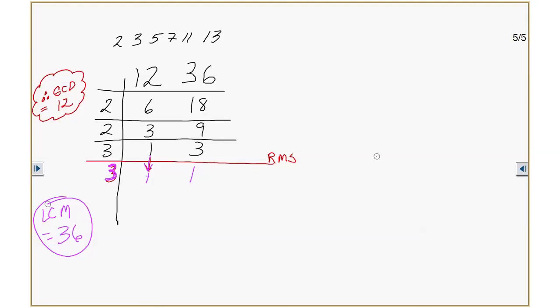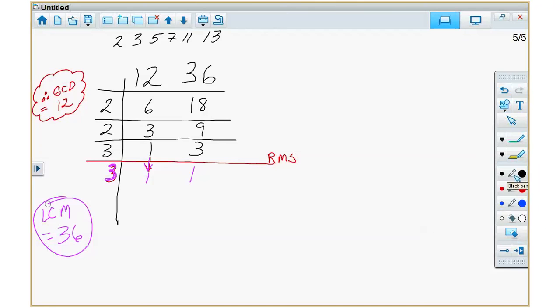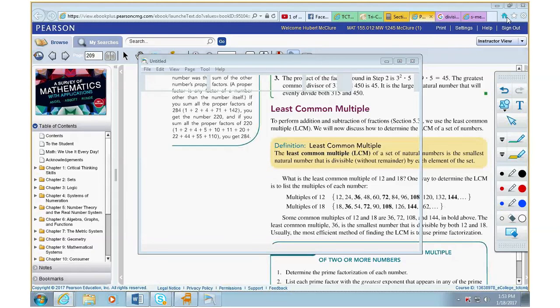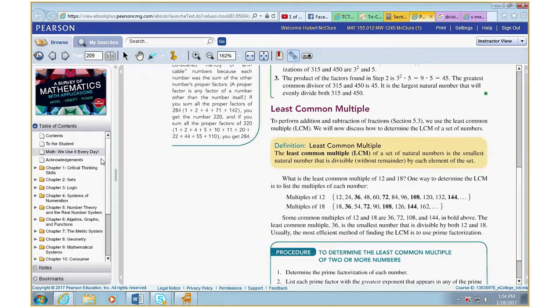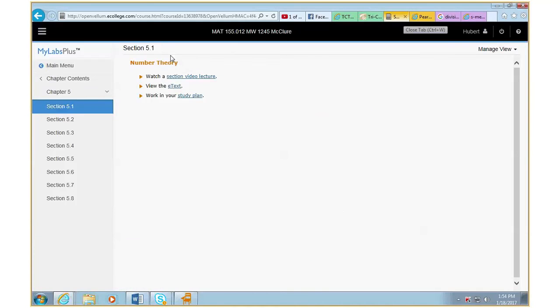Now, when you're doing the homework, you're going to see some with more than 2 numbers. So let's do one of those. What time is it? We've got 7 minutes. Let me go to the homework and pick out one that's got several numbers. Or I'm just going to go to the handy dandy study plan because I don't like the homework sometimes.